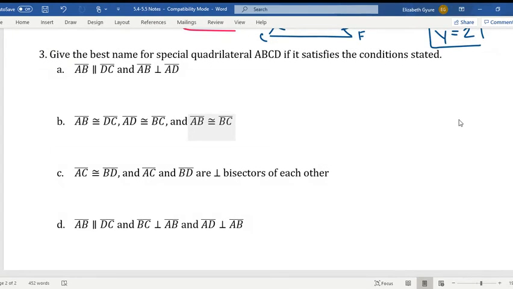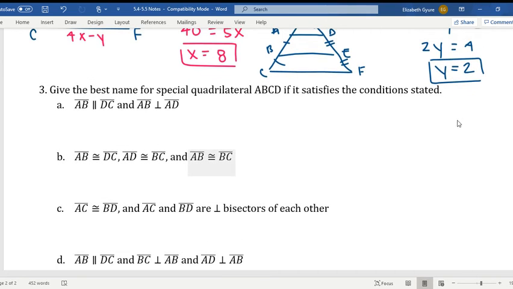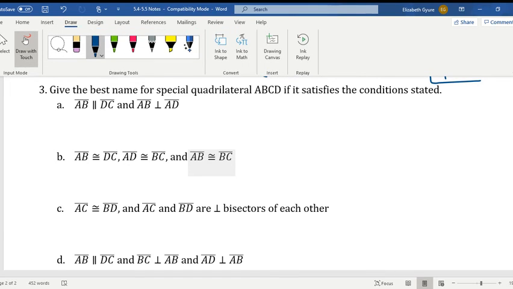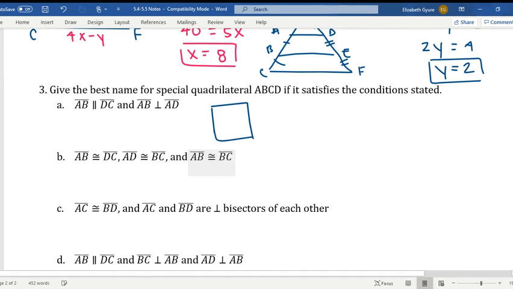Give the best name for the special quadrilateral ABCD if it satisfies the conditions stated. You can always do a sketch for this. I'm very visual, so that's what I need. I'm just going to draw myself a little generic square here.